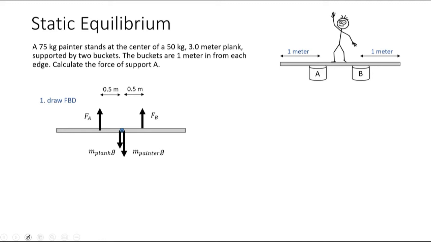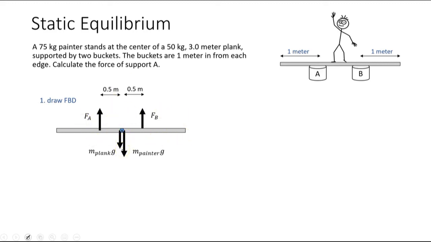So here the forces of the buckets both act 1 meter from the edge of the plank on either side. And so since the plank is 3 meters long, that means that there's also going to be 1 meter between the force A and force B. In other words, if we think about how far from the center of the plank each force is acting, they both are going to be acting 0.5 meters from the center of the plank on either side of that center line.